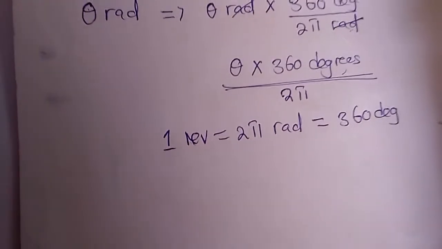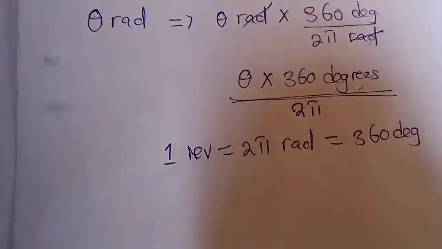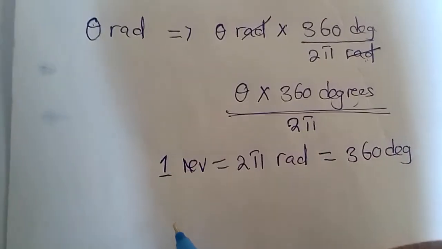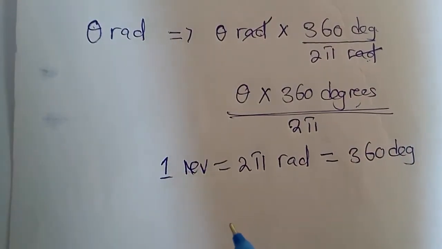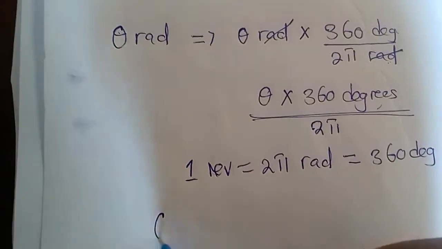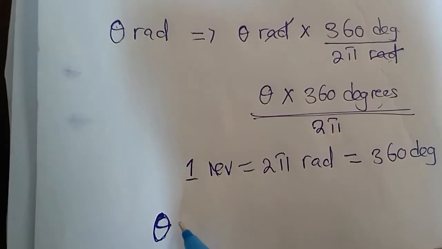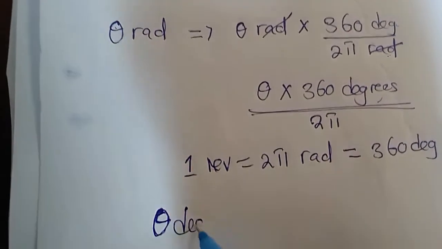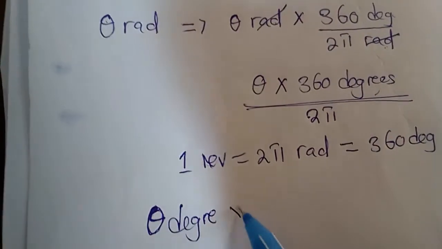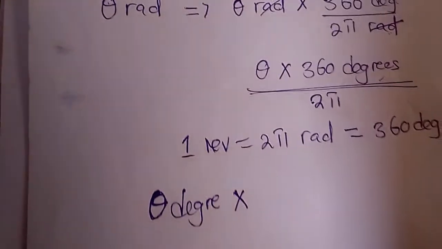That's what we have. Meaning, if you want to convert between angles, let's take for instance, you have got an angle of whatever value, let's take it as theta, in degrees, theta in degrees, and you want to convert it to revolutions, you simply have to multiply it by, like I said, you look at what you want to end up with at the end of the day.